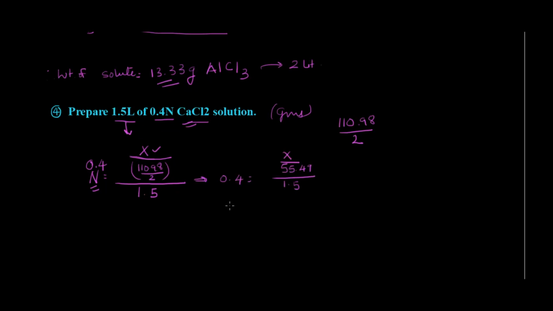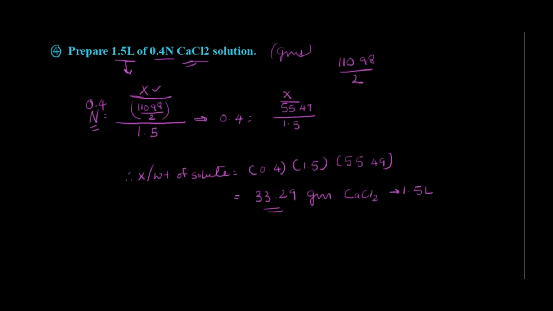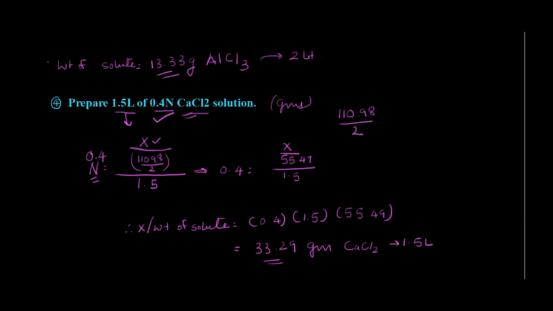Therefore my x, or weight of solute that we are looking for, the answer would be 33.29. So I need to take 33.29 grams of calcium chloride, and if I dissolve this in 1.5 liter of water, I would get 0.4 normal solution.